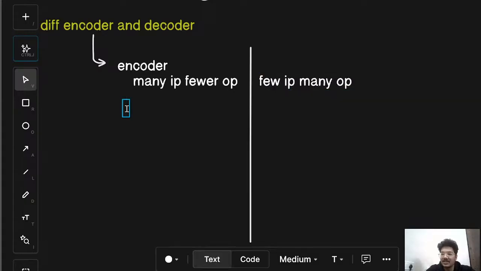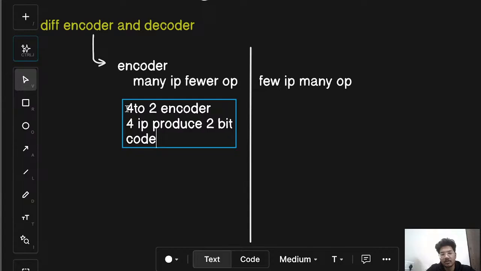When we see an example, we see a 4 to 2 encoder, in which four inputs produce a 2-bit code. This is only one example.